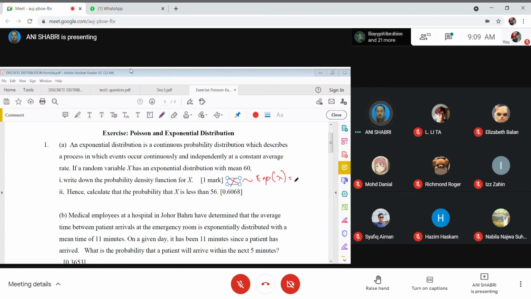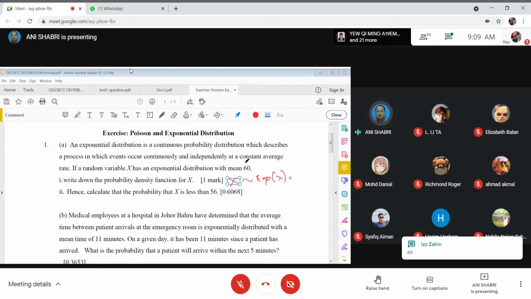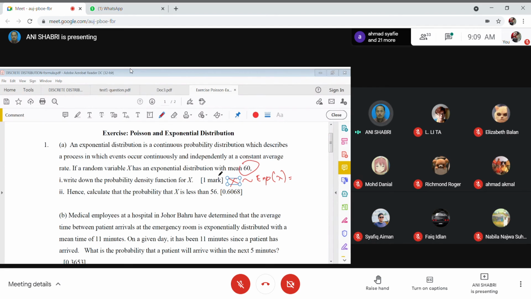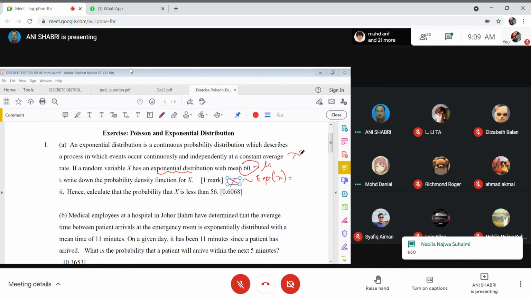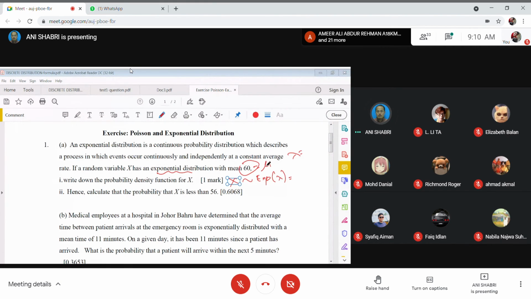What is the value of lambda? Here 60 is the value of mu, the mean for exponential.